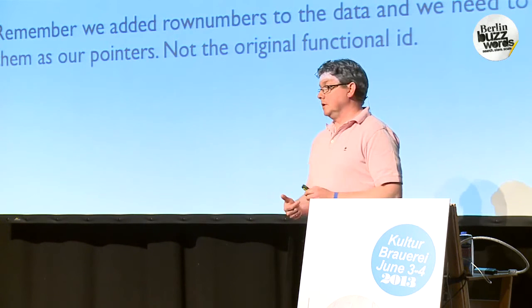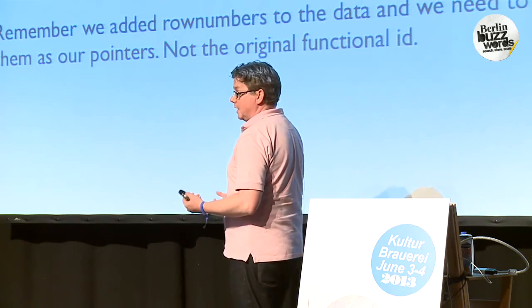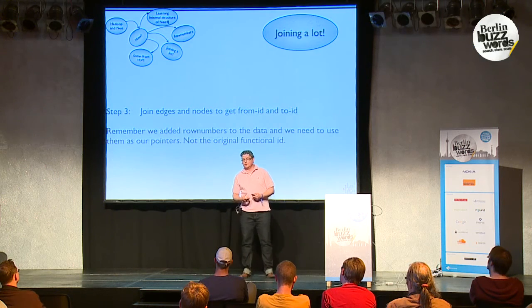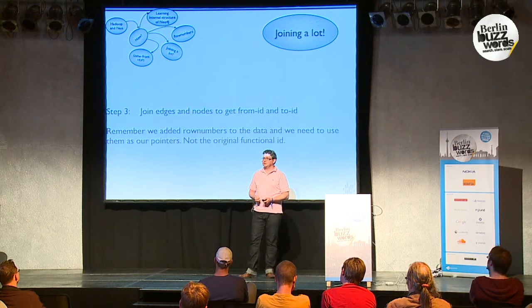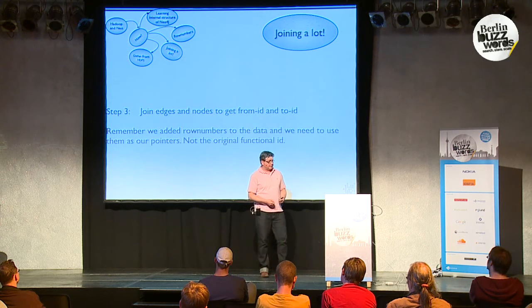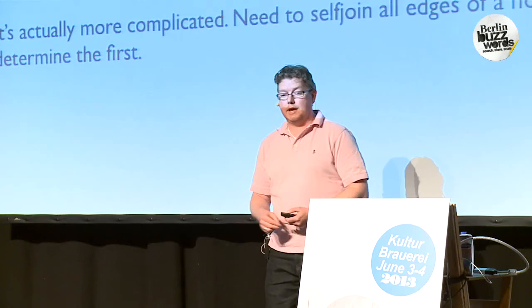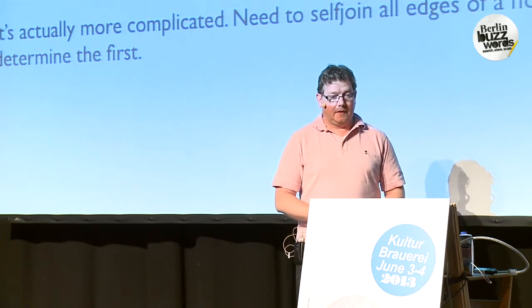Then you have to go from the functional ID to the real row number ID. So you have to join the node information with the edge information. If you have done that, then you can output the real node file for Neo4j, because you know which was the first relation. So you have that reference, and you already had the property reference.